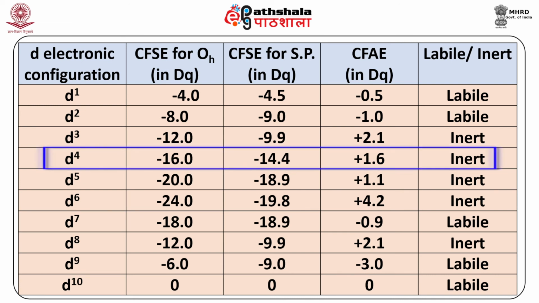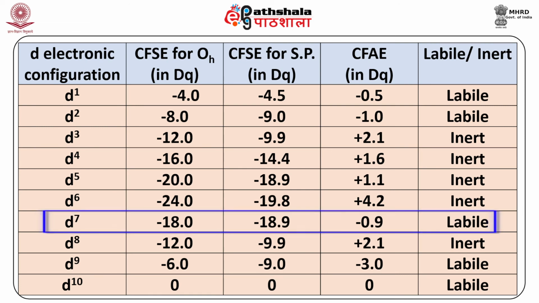That results in crystal field activation energy equal to plus 1.6 Dq. Since value of crystal field activation energy is positive, therefore this complex would be inert. Similarly, you can find d5 and d6 geometry in low spin case would form an inert complex for dissociative mechanism.